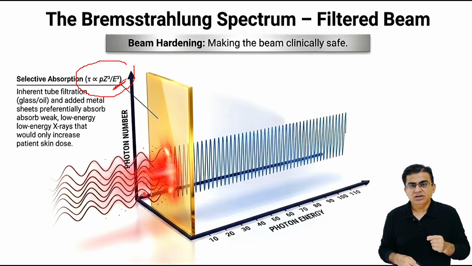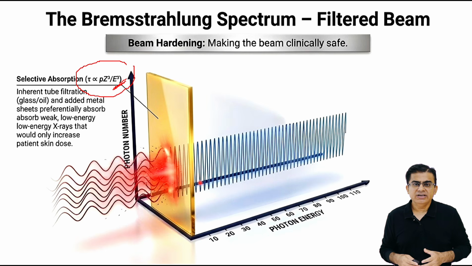Because of this natural rule, our filter acts like a highly selective barrier. It easily catches and completely absorbs the weak, low energy photons. At the exact same time, it allows the powerful, high energy photons to safely pass straight through.